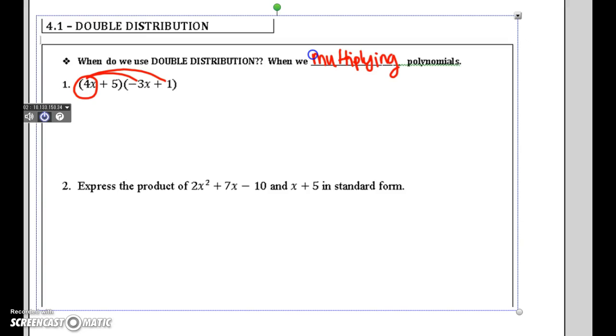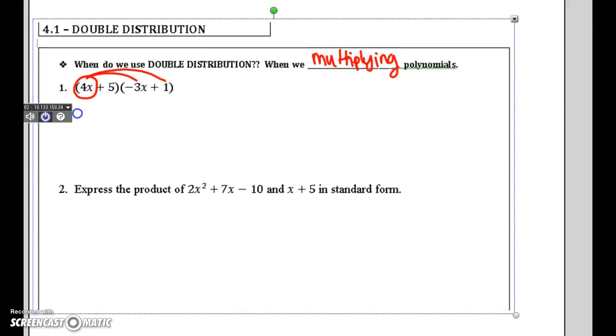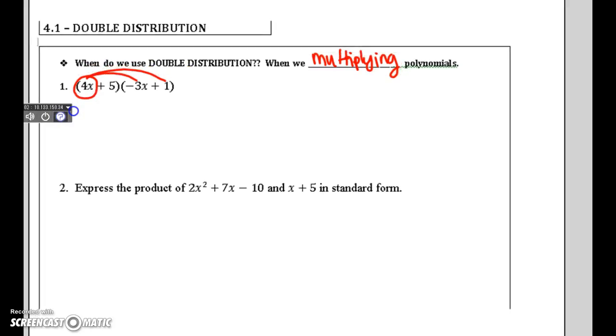So 4x times negative 3x gives me negative 12x squared. And I take my 4x times positive 1, which gives me positive 4x.